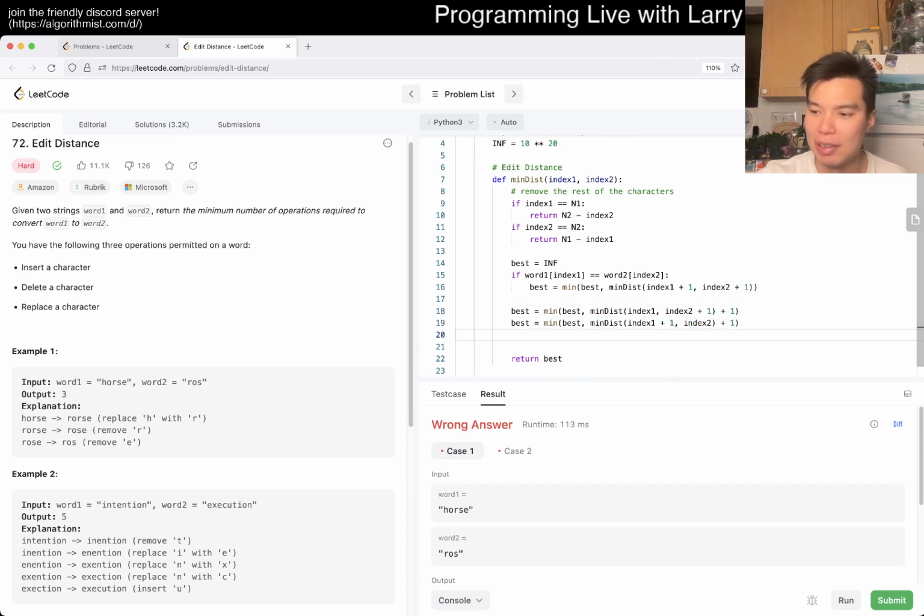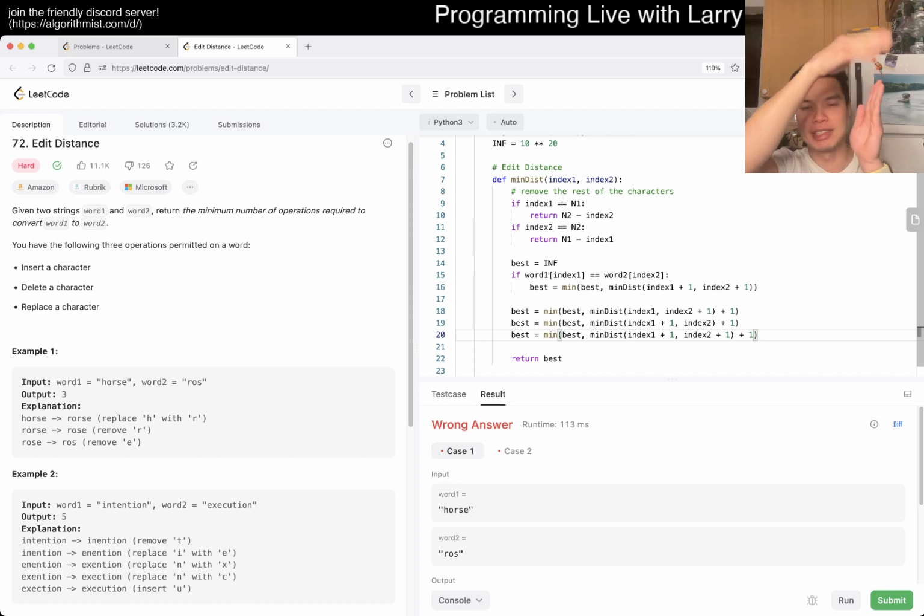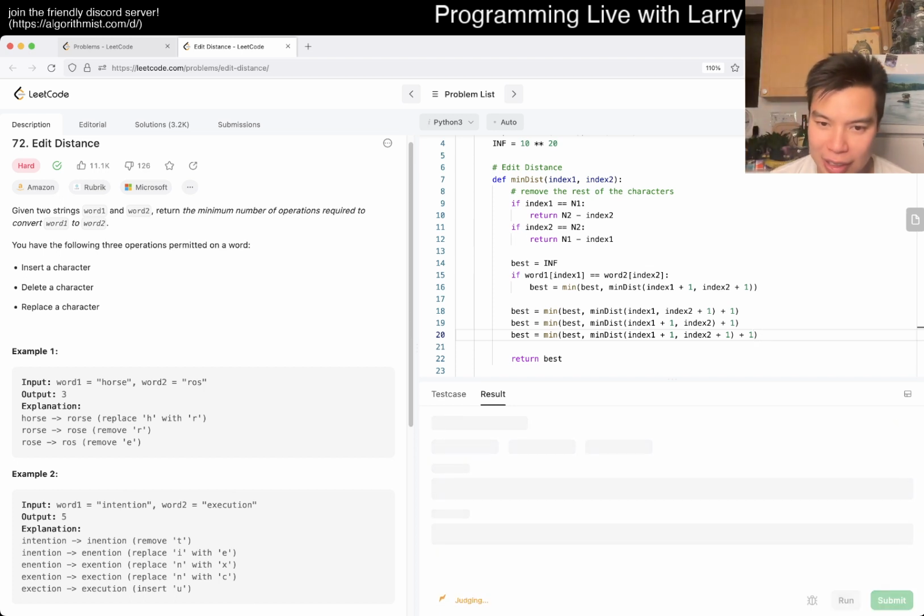Replace means we can do index one plus one, index two plus one, plus one cost, because you're replacing the first character in word one with the first character in word two, and then they match after that operation and you can shift to the next character. Okay, so let's run it again.